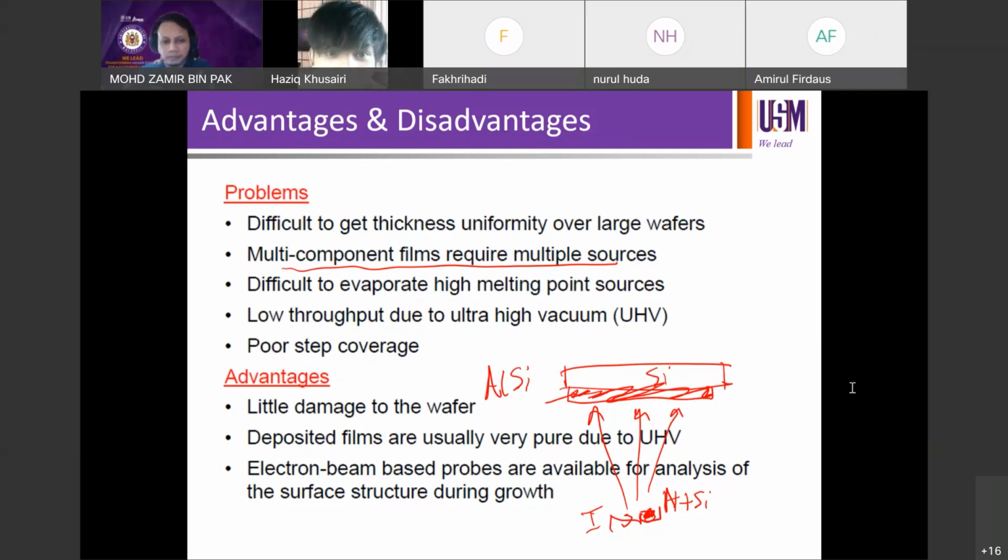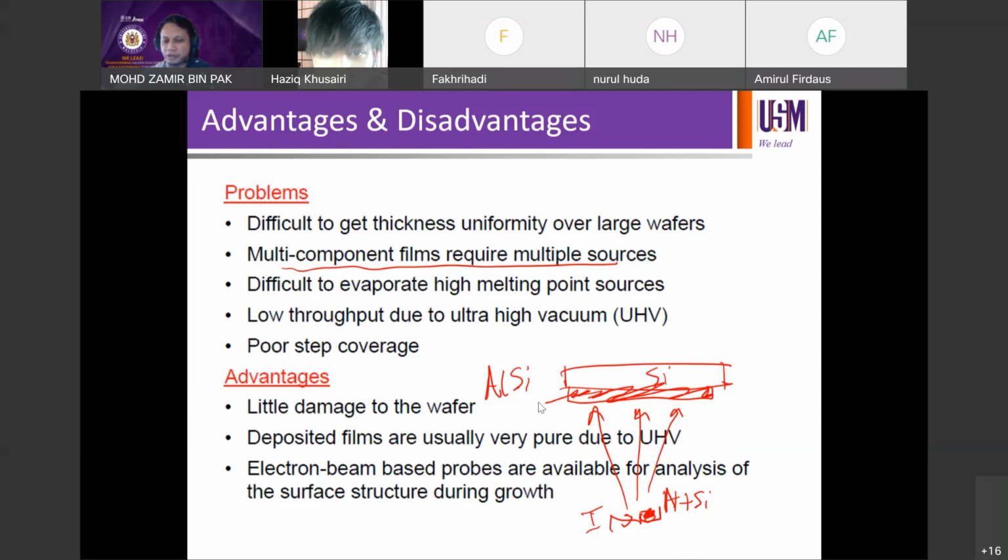No, okay, why no? Aziz? Because the doctor talked about the difference in melting point. Okay, so for me that is a big problem in getting a uniform AlSi fraction in the film. So Haziq, what do you think? You said no, right? If we pass current through the source down here, then that current is able to melt, say, only some of the components down here.